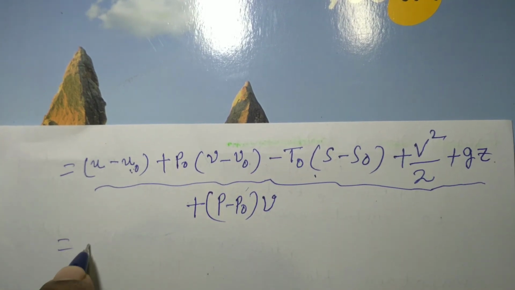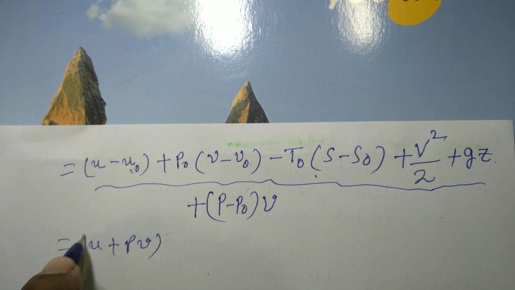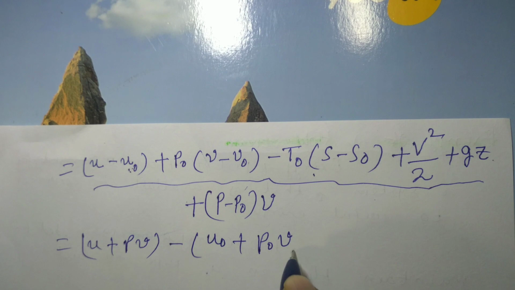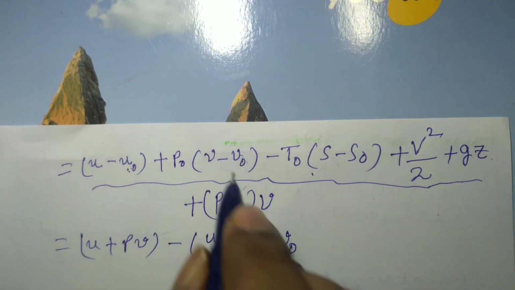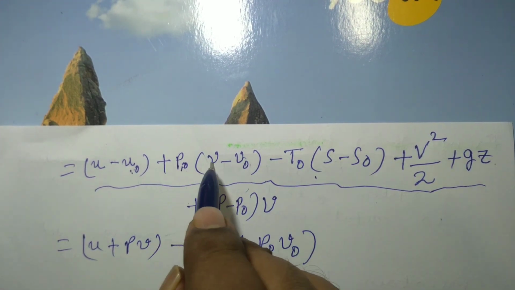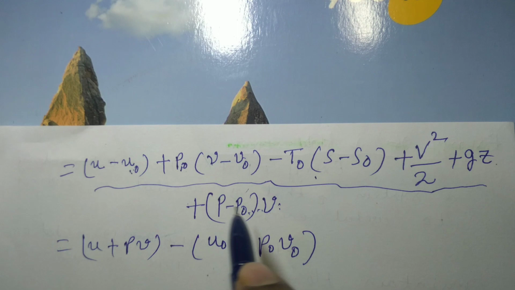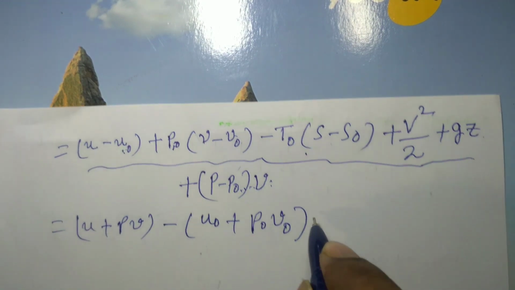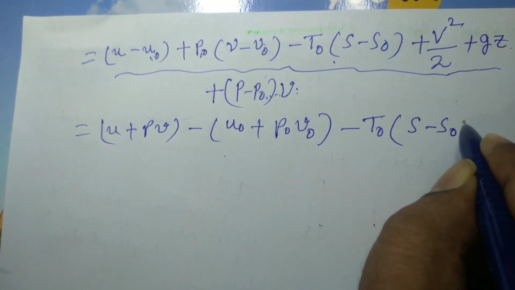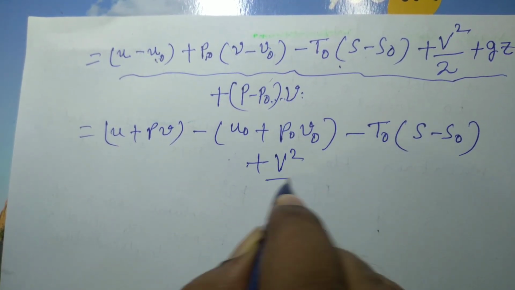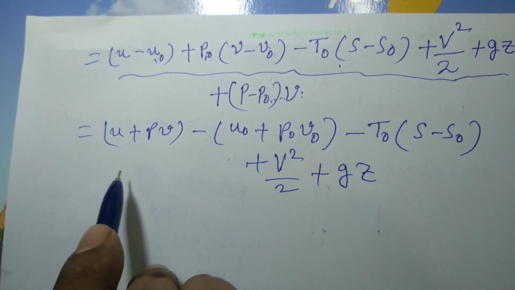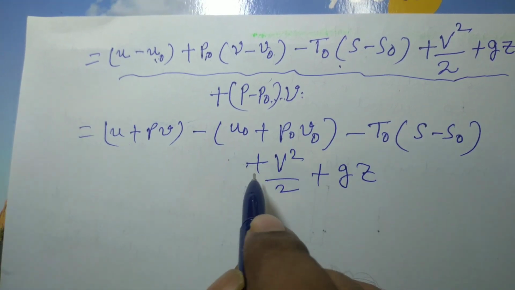So here the expression will become u plus Pv minus u0 plus P0v0, where the Pv comes from here. And the P0 multiplied by v coming from here and the minus P0 multiplied by v from there will cancel out. So now our expression is like this: minus T0 times s minus s0 plus V squared by 2 plus gz, and these refer to the exergy of a flowing fluid per unit mass.